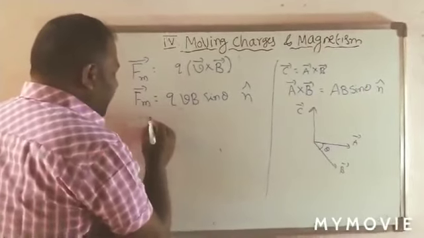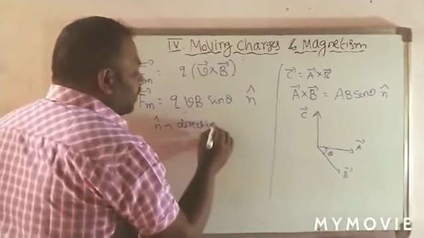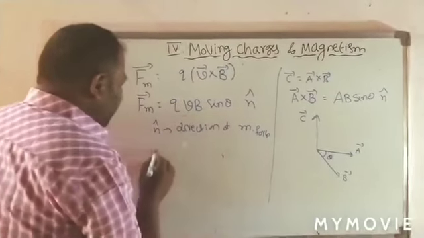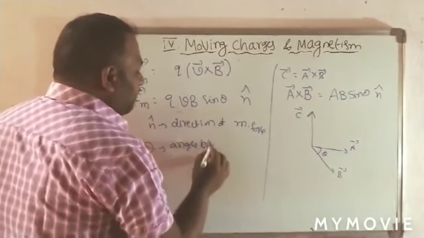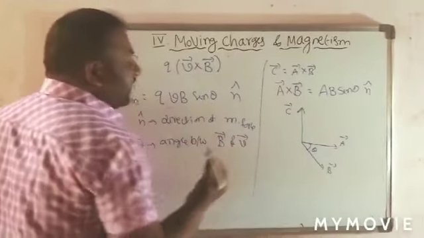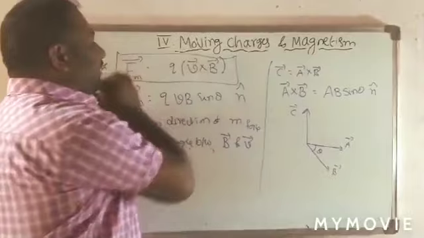Here n cap represents the direction of magnetic force, where theta is the angle between the magnetic field and velocity vector. This is the expression for magnetic force.